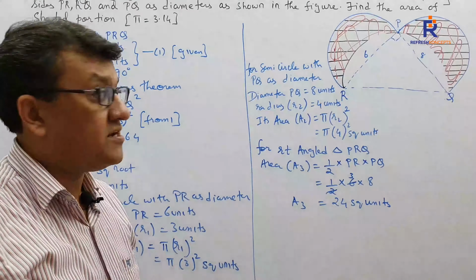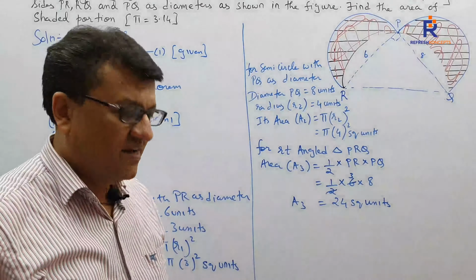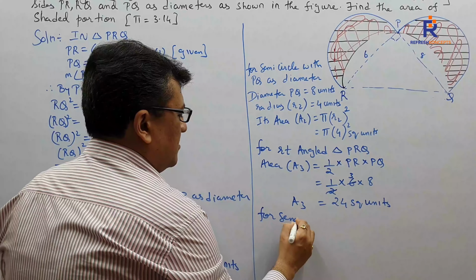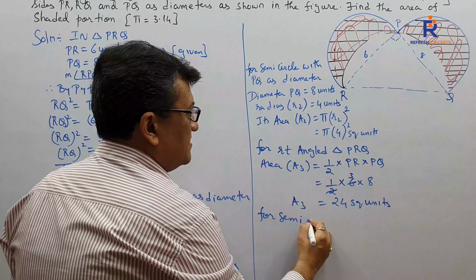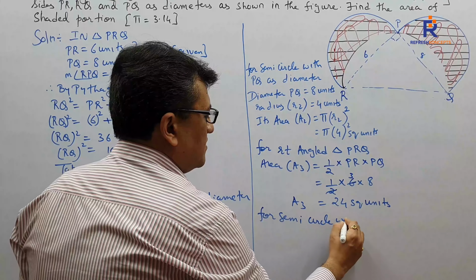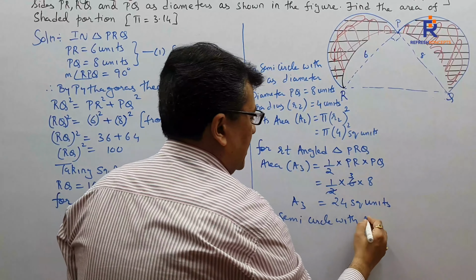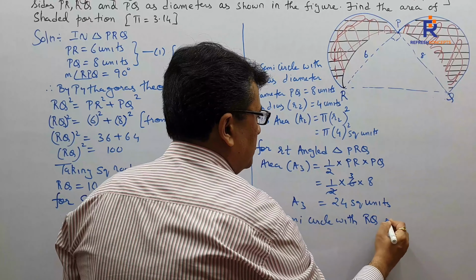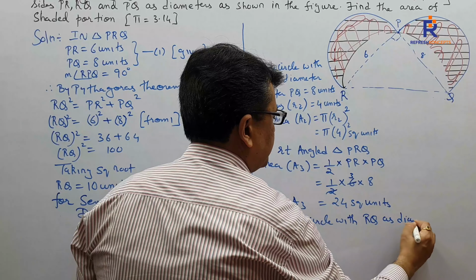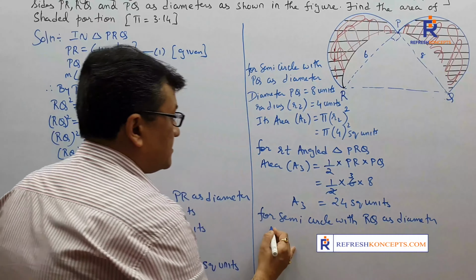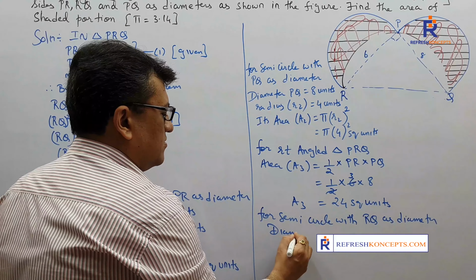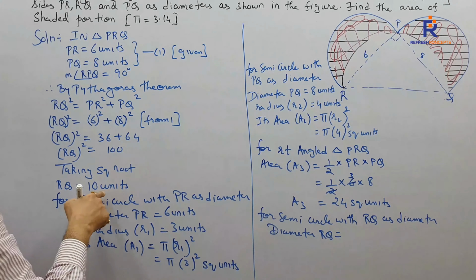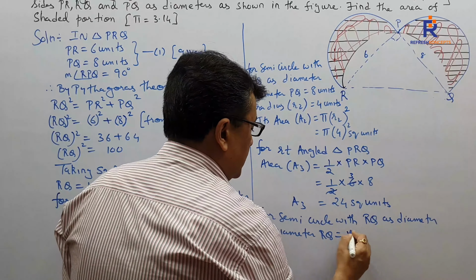Thereafter, what did we go for? The area of the semicircle with RQ as a diameter. Diameter RQ, how much is that? We just now found 10 units.